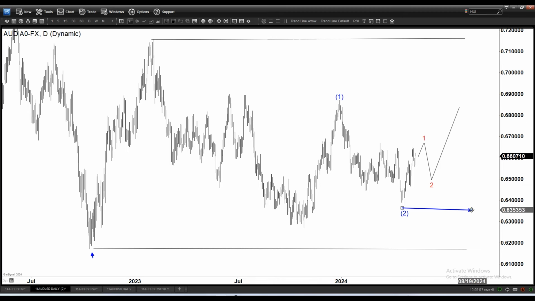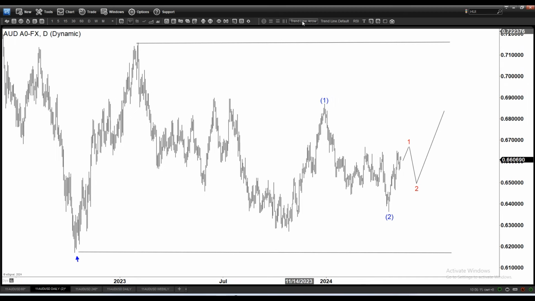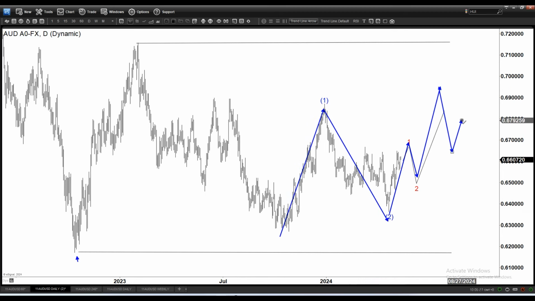Now the alternate outcome here is that we continue to trade in a sideways market. So we can continue to chop around. So even if we expect this to be rallying higher like this, this could be 3 swings higher only, and then we can get 3 swings lower like this. So it can kind of go sideways instead of 1 2 1 2, and then nesting higher in an impulsive structure.